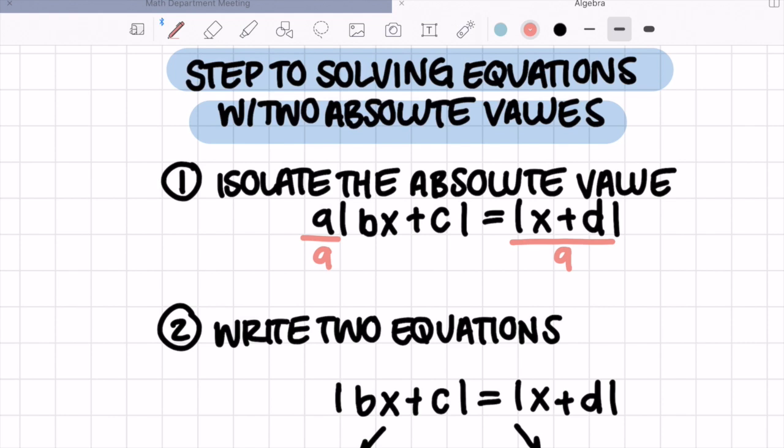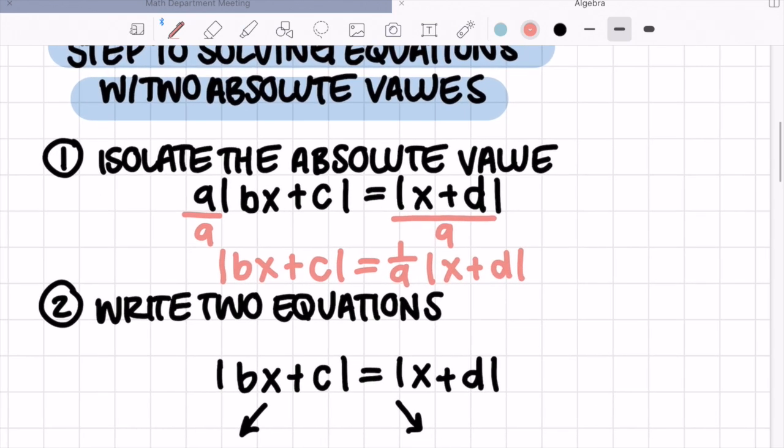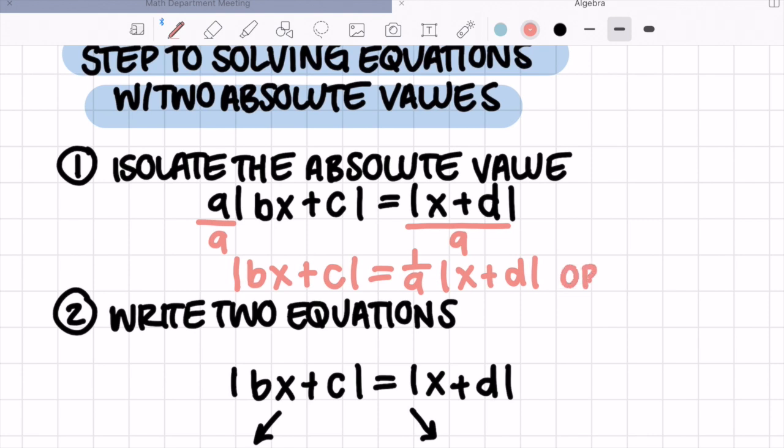And so that would give me my isolation where absolute value of bx plus c is by itself, and we're left with 1 divided by A times the absolute value of x plus d. Or you can also say absolute value of x plus d divided by A.